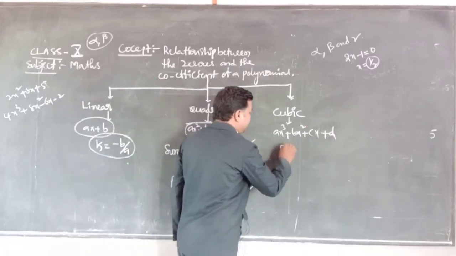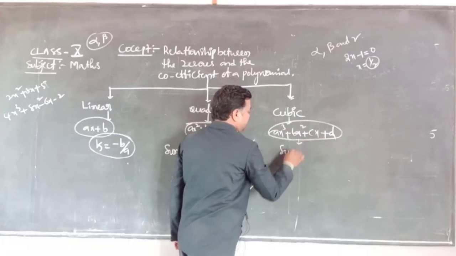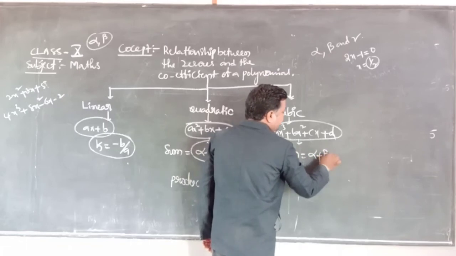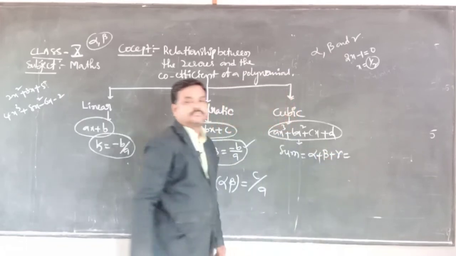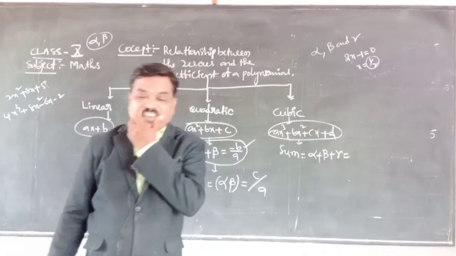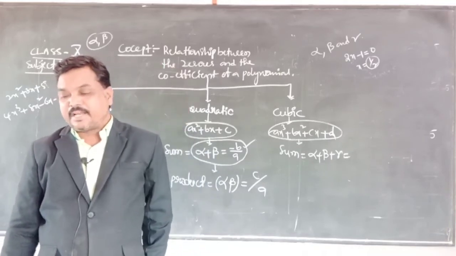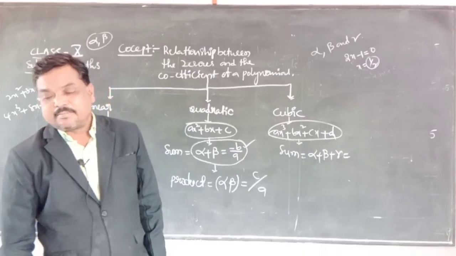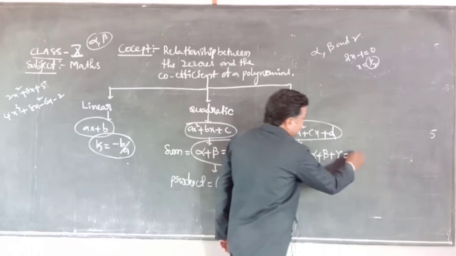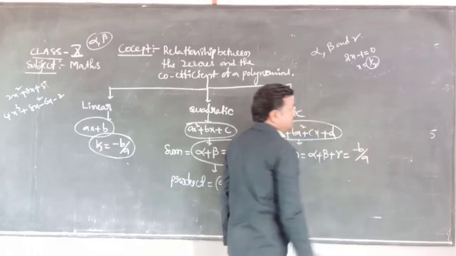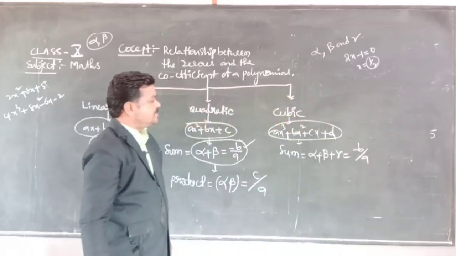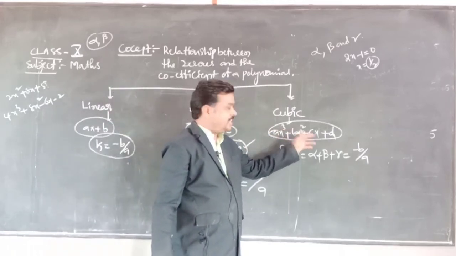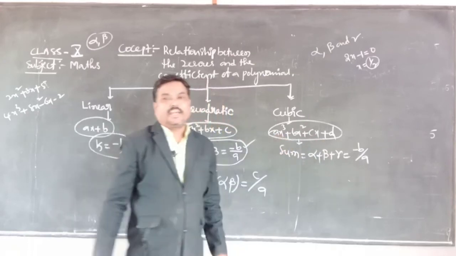First one is the sum. Alpha plus beta plus gamma, the sum of the zeros of a cubic polynomial, is minus b by a, which means minus the coefficient of x squared by the coefficient of x cubed.